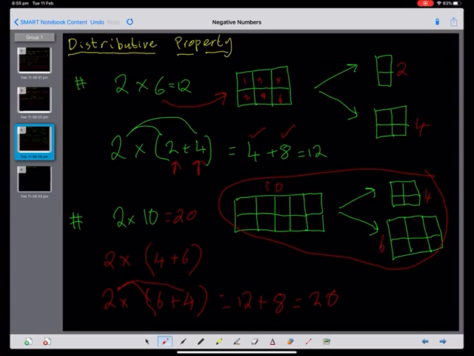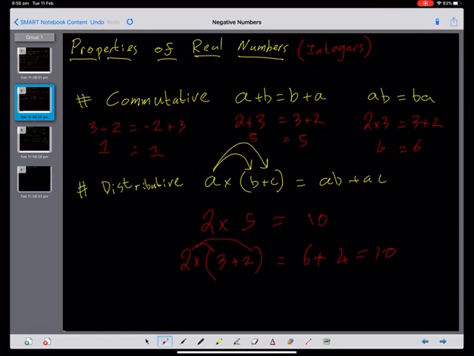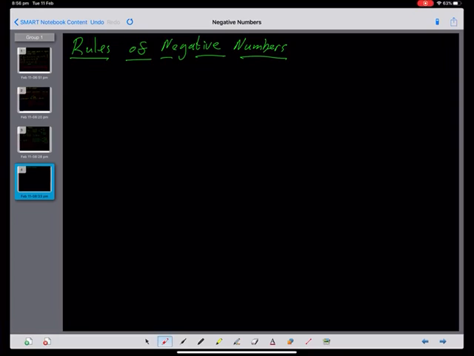Okay, so we're going to use the distributive and the commutative property to explain the following. Okay, so you should all know the rules for multiplying integers. But we're just going to have a closer look at what we get when we multiply.